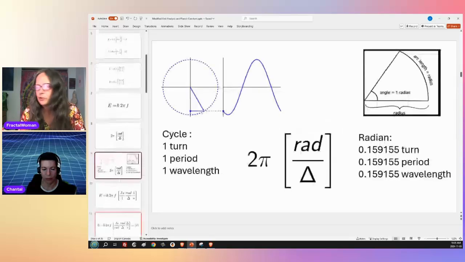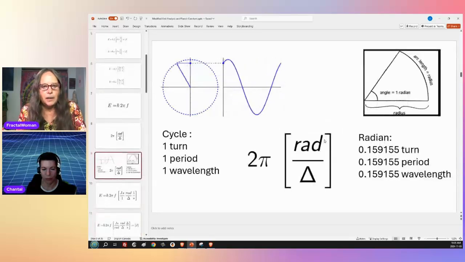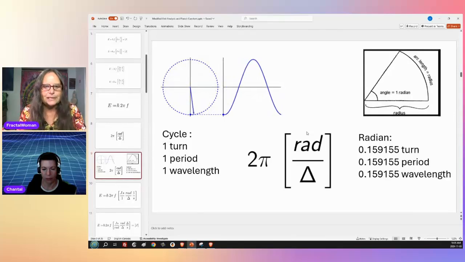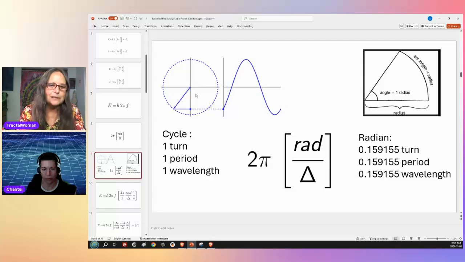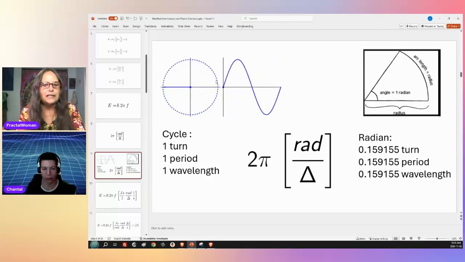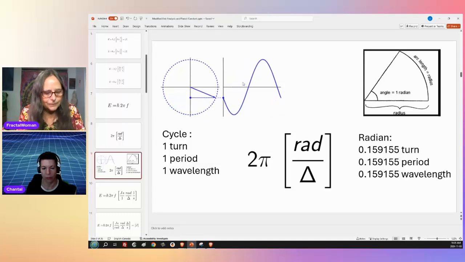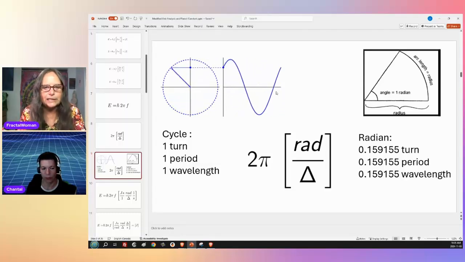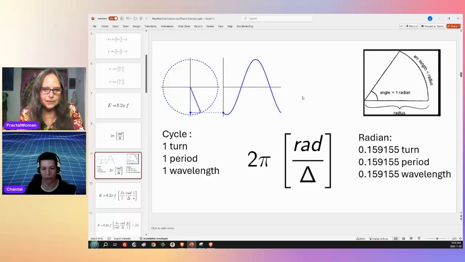Okay, so let's have a closer look at that. Again, I already said this, but one cycle is one turn, is one period, is one wavelength, right? So that's what a cycle is. And of course, a radian is only a fraction of a cycle.